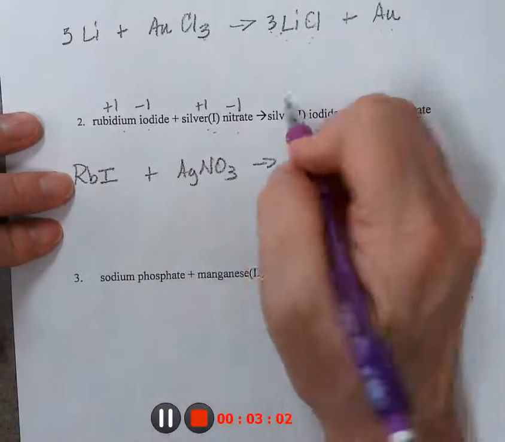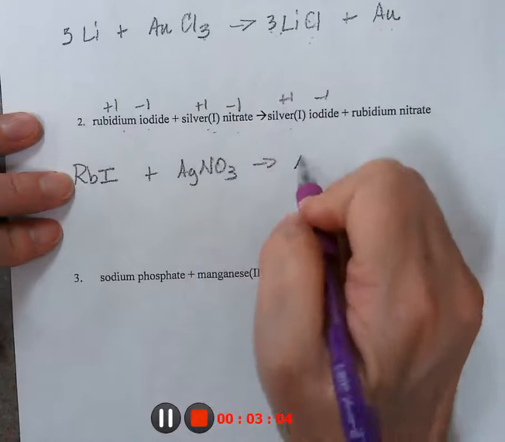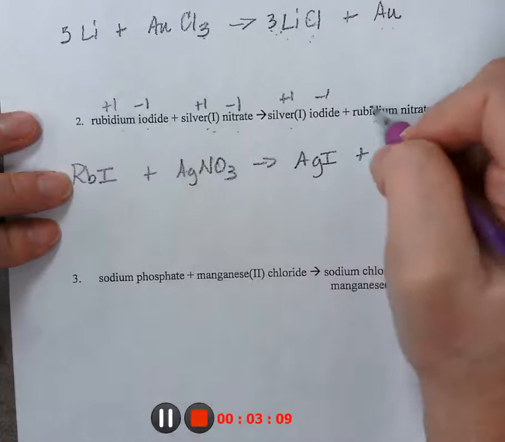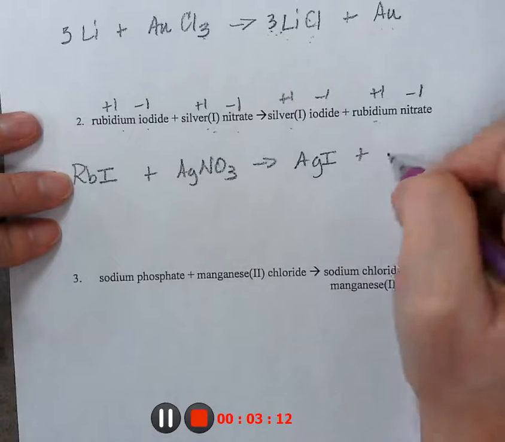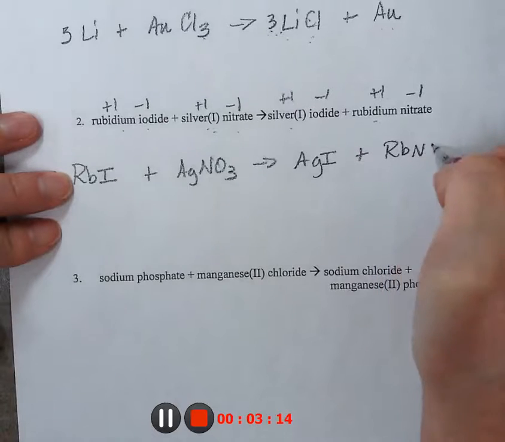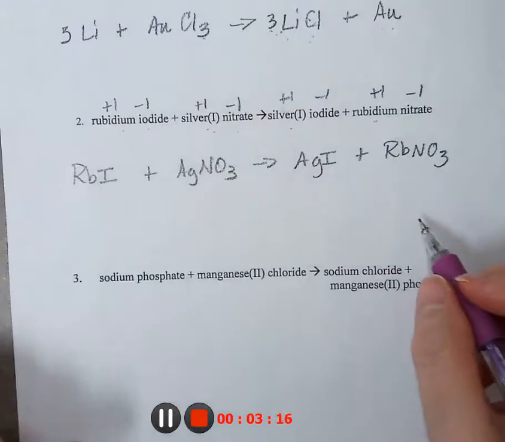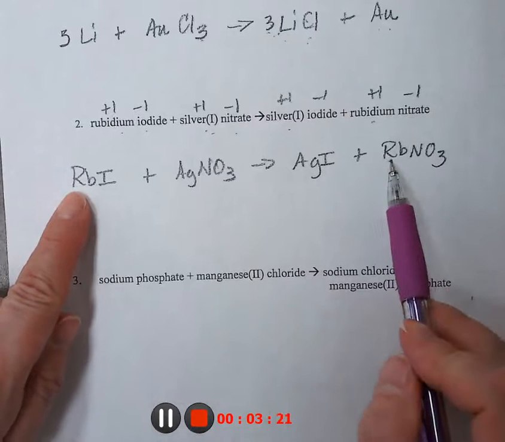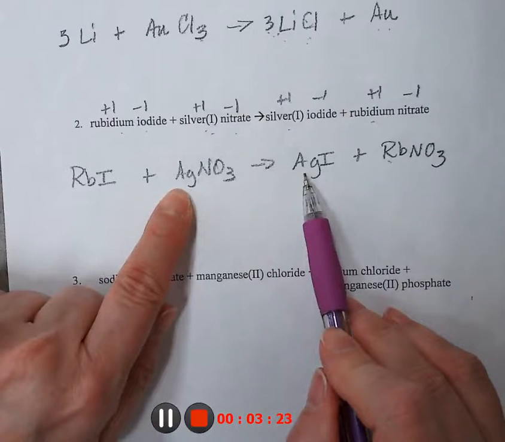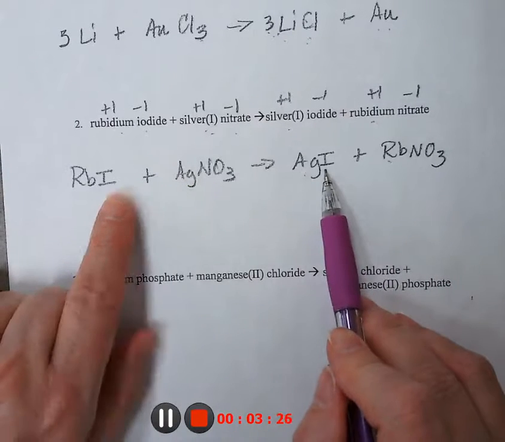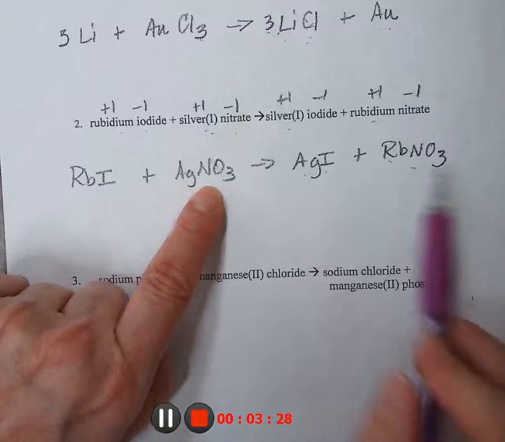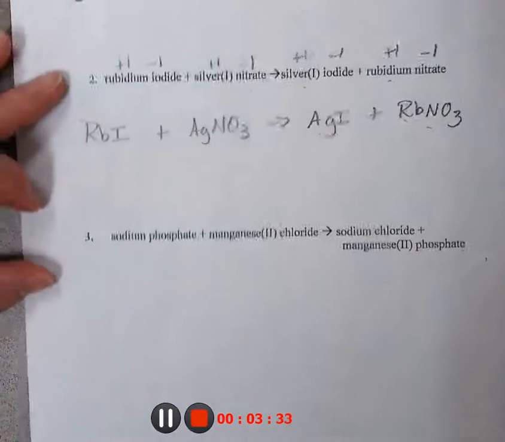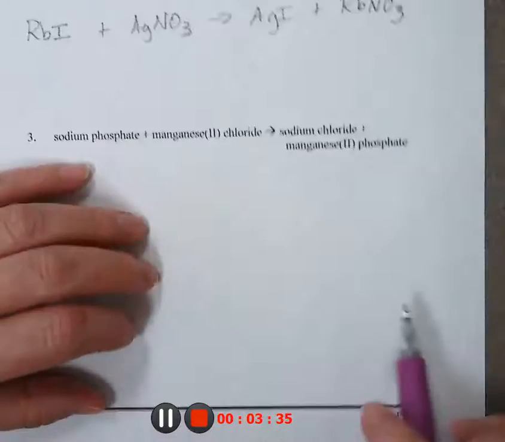Making silver 1 iodide, don't need subscripts for that one. And rubidium nitrate, and we don't need any subscripts for that one. So we need to count to make sure we don't need to introduce any coefficients. 1 rubidium, 1 silver, 1 iodine, and the nitrate didn't break up, and we don't need to do any coefficients, and that's already balanced.